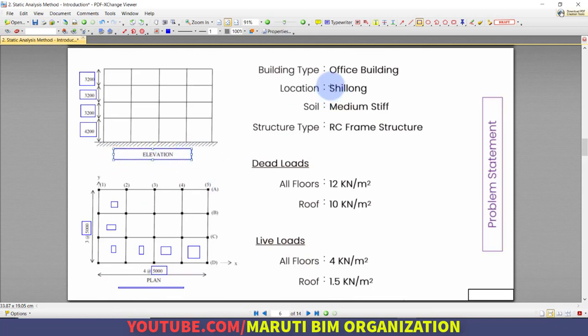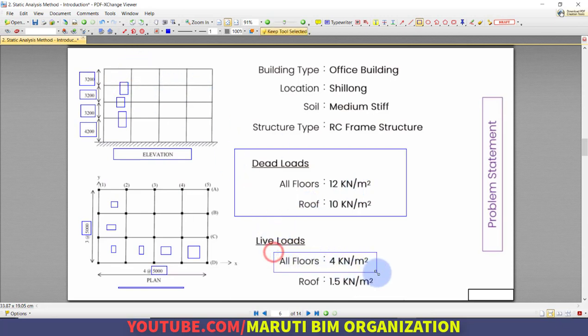Now the design criteria is dead load, that is 12 kN per meter square, that we have considered for all the floors. So 1, 2, 3, all the floors dead load is 12 kN per meter square, and live load for all the floors is 4 kN per meter square. At the top, live load is 1.5 kN per meter square and dead load is 10 kilonewton per meter square.